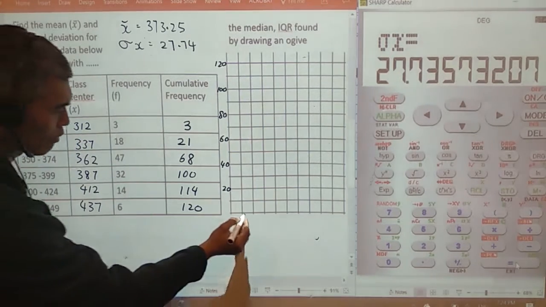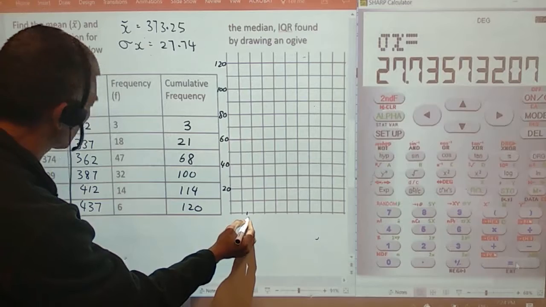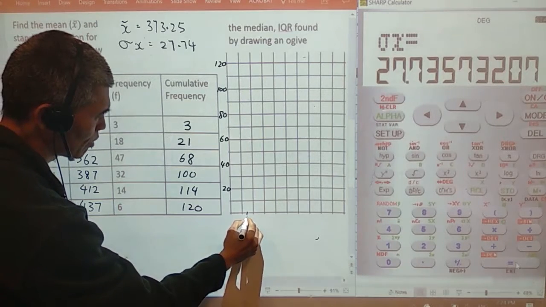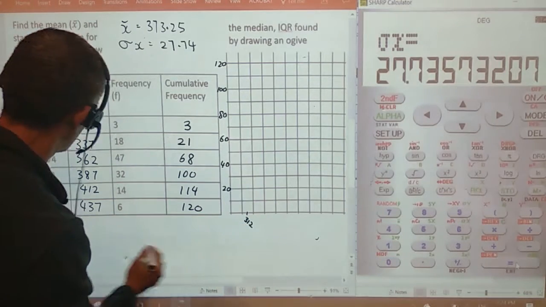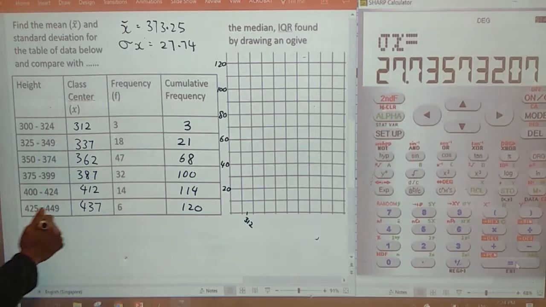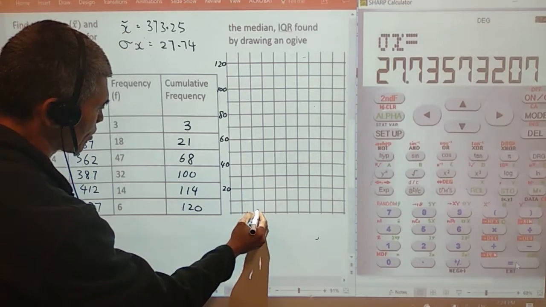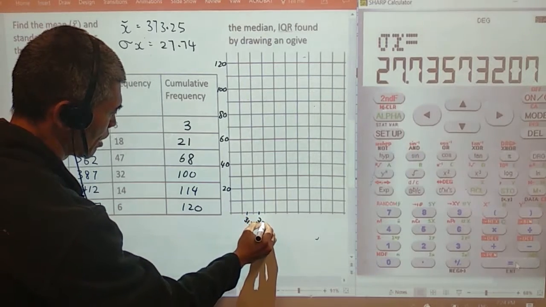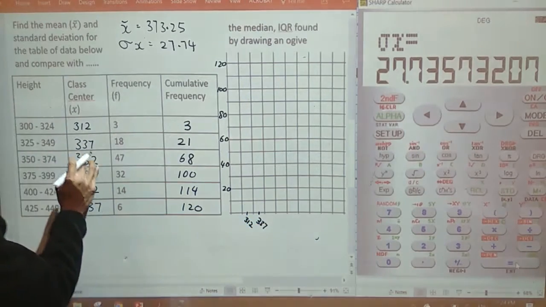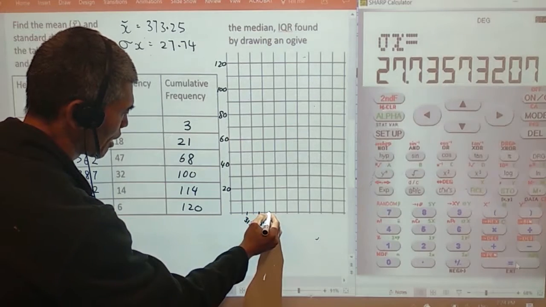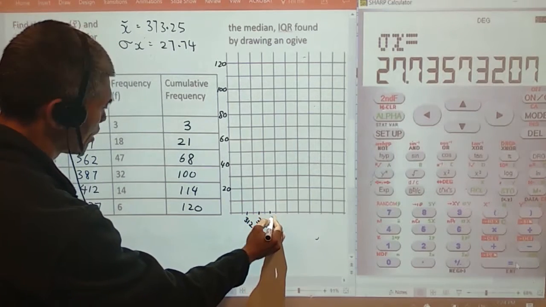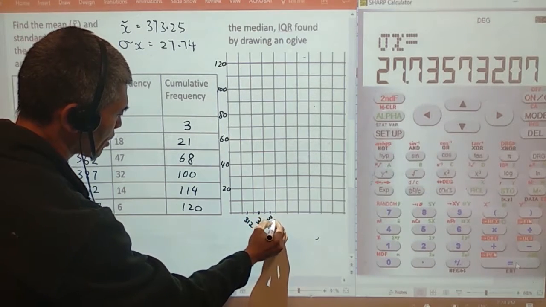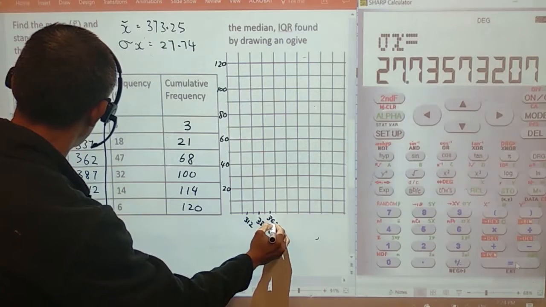And so our class centers. We have our class centers at 312. We have another class center at 337. We have a class center at 362.